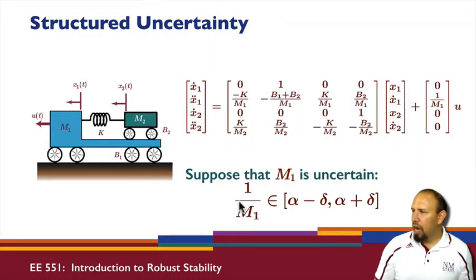So I'm going to assume that 1 over M1 is in this set, between alpha plus or minus delta. So delta is an uncertainty, and alpha is the nominal value of 1 over M1.